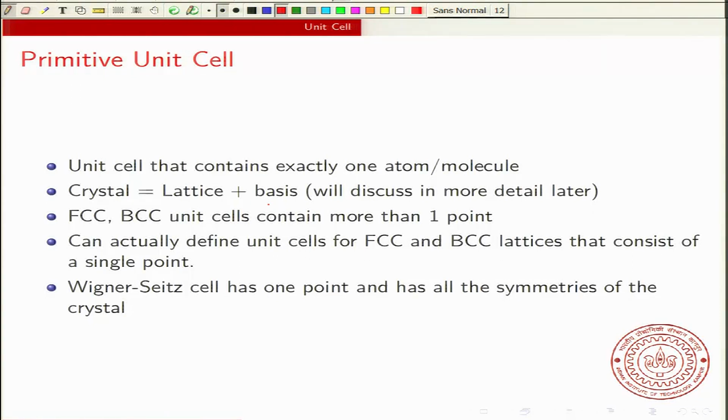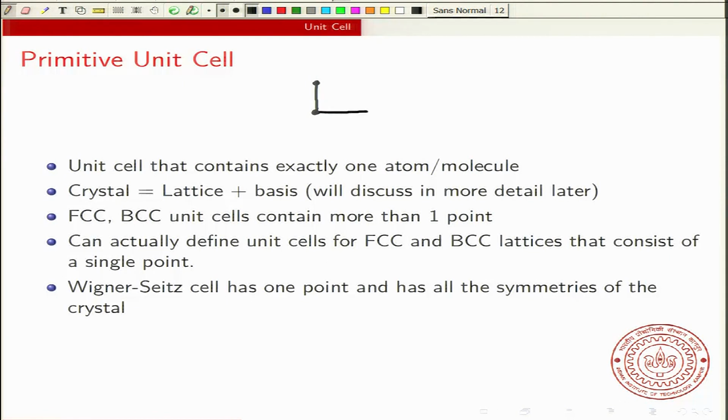Notice that if you take the FCC or BCC unit cells, they contain more than one point. All of you would have heard of an FCC, which is actually a lattice.